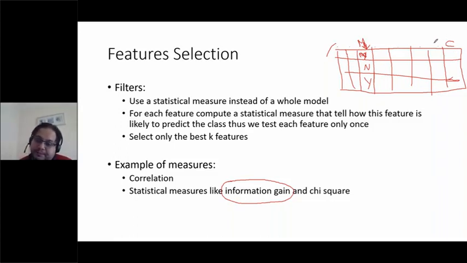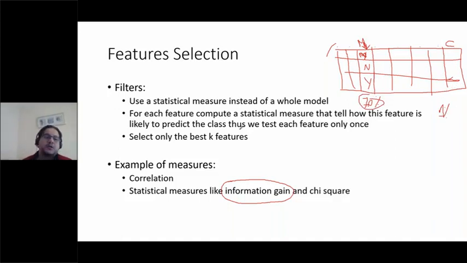If, for example, this can never predict the class, we are able to predict the class based on this feature only in 1% of the cases. And here, 70%. It means that this one has a better predictive power than this one, because this one can predict it only for 1% of the cases.